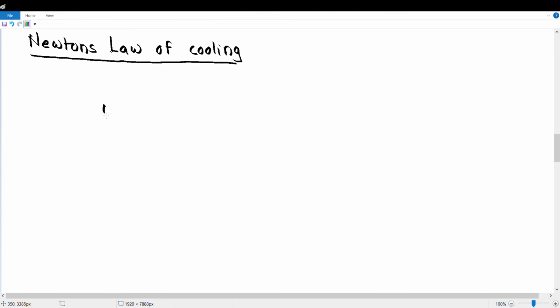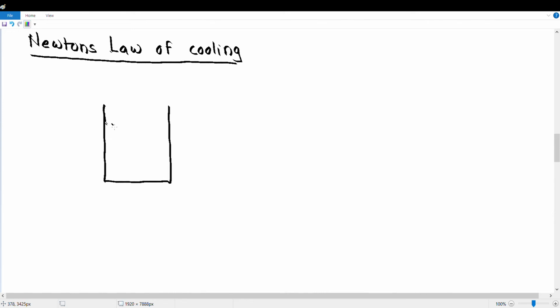He was having a calorimeter. What is a calorimeter? A calorimeter is a copper vessel. Suppose this is the calorimeter.